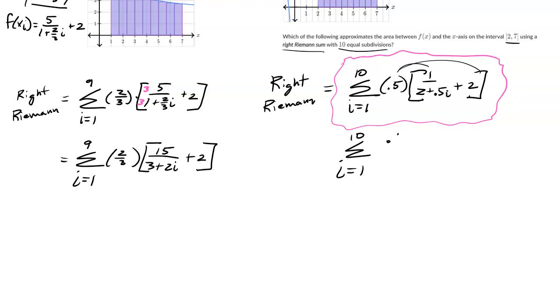So if you multiply the 0.5 out, you would get this. And a 0.5 within a fraction, it'd be better if they weren't fractions. So we're going to double the top and the bottom so that they're not decimals or fractions.